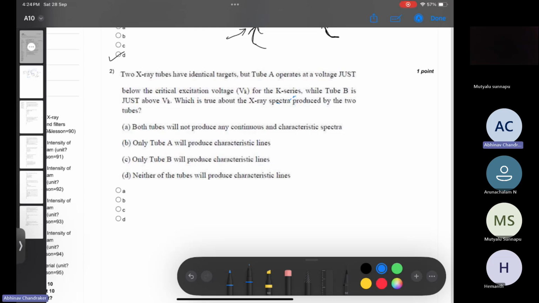But in case of tube B, we will see these characteristic K alpha, K beta lines. So we might see other lines, but K alpha and K beta are the most characteristic lines for any material. So we can say that only B will produce characteristic lines.